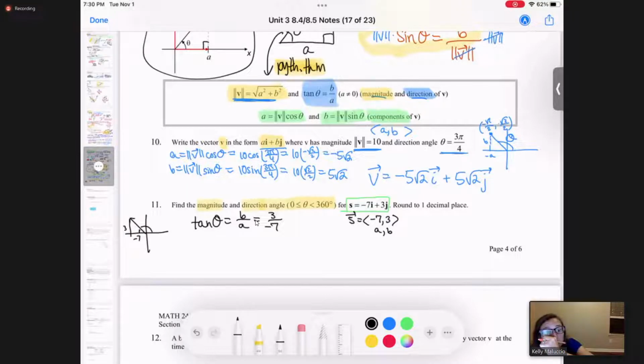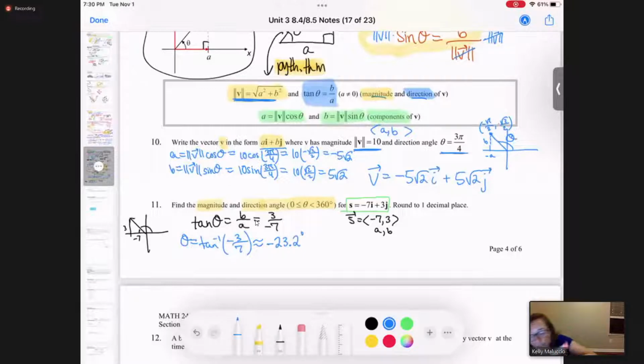Okay, so let's take a look. If I solve this, I'm going to take the inverse tangent of both sides. So theta is equal to the inverse tangent of -3/7, and if you do this in degrees, I get about -23.2 degrees.